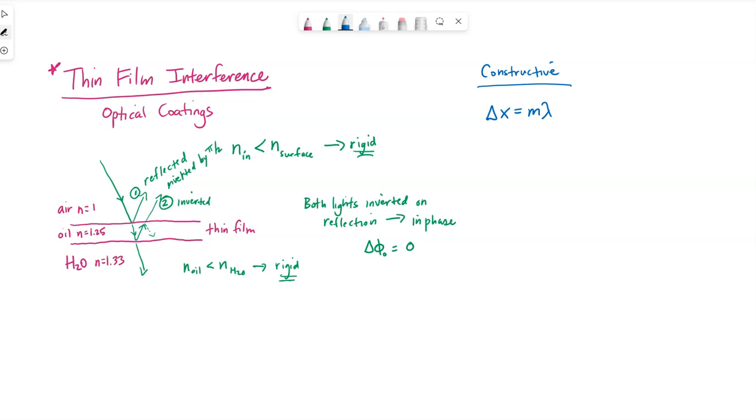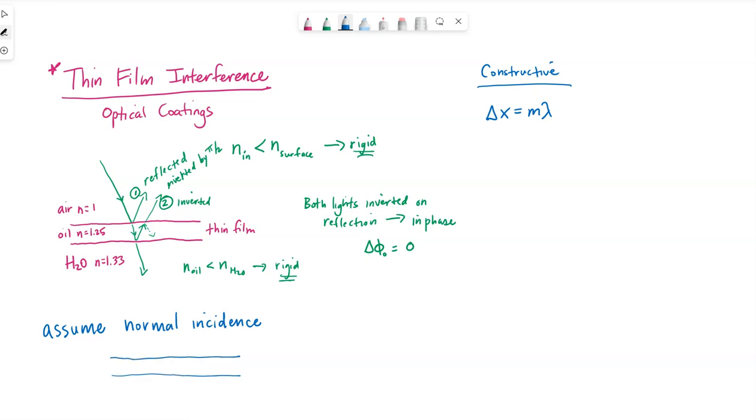Okay. For simplicity's sake, we are going to assume normal incidence. That's not how I drew it in this original picture, and that's because the picture's kind of hard to imagine.